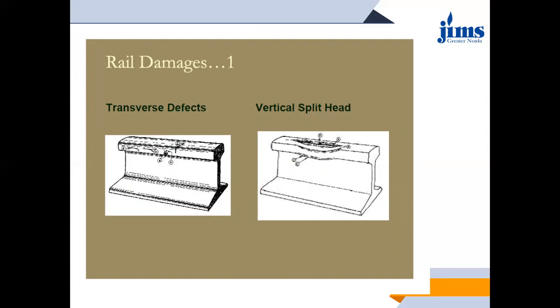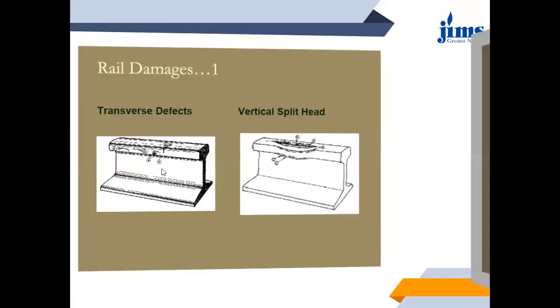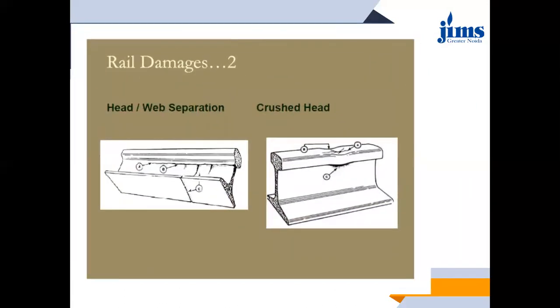The common reasons for these transverse defects are either inherent defects in the rails or certain weathering action. Over here the first image shows the head or web separation, and the second image shows the crushed head.